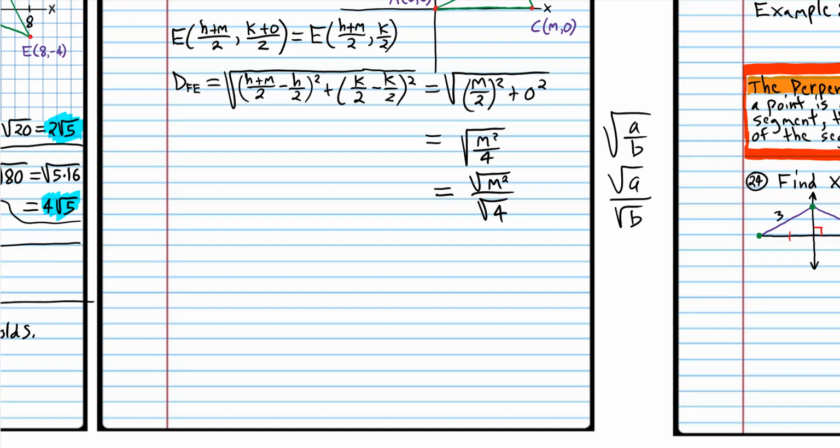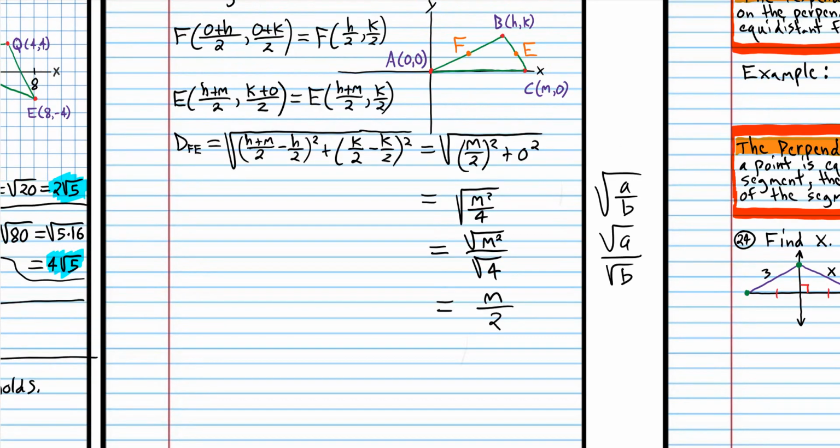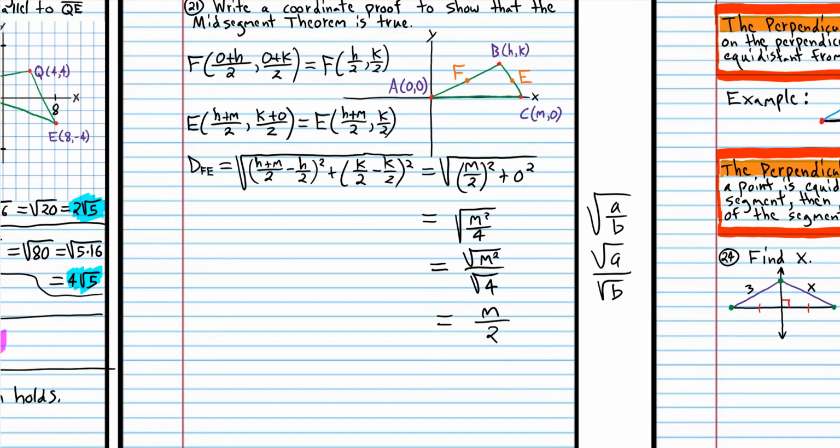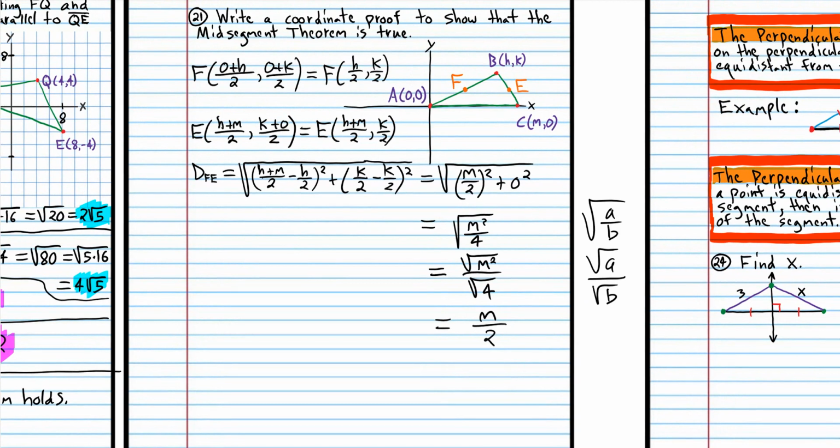And the square root of m squared, remember the square root is the opposite of squaring, so that just becomes m. And the square root of 4 is 2. Now I know what you're thinking. You're thinking, that's too complicated. Well, the problems I'm going to give you in the homework are not going to be this difficult, so don't worry about it. The problems I'm giving you in the homework are very simple problems.